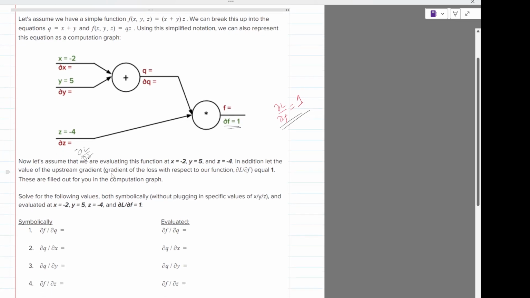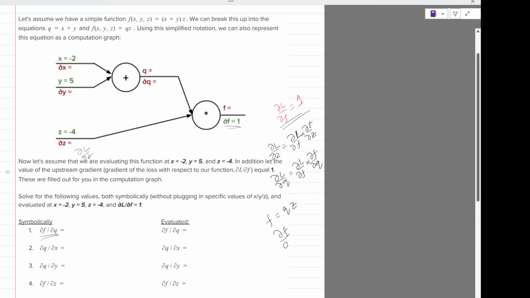If I want to find del L by del Z, I need del L by del F into del F by del Z. Or if I want to find del L by del Q, I need del L by del F into del F by del Q. So here they are asking del F by del Q. F is Q into Z, so del F by del Q is equal to Z. Del Q by del X: Q equal to X plus Y, so del Q by del X is 1.